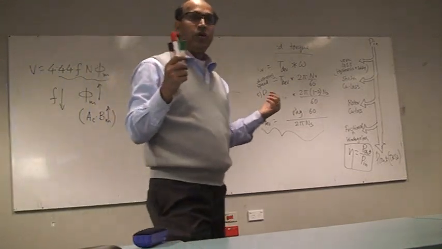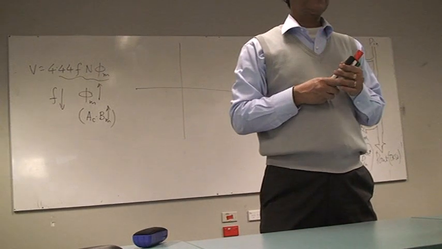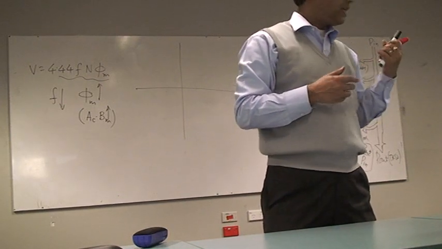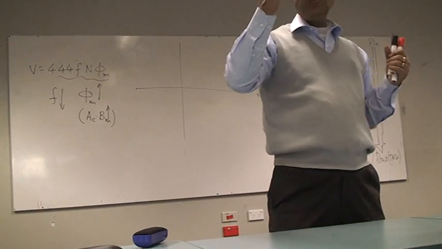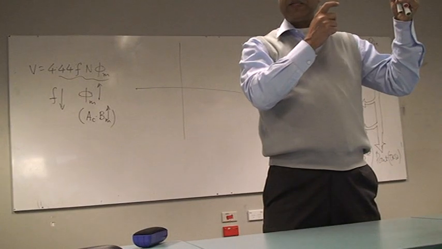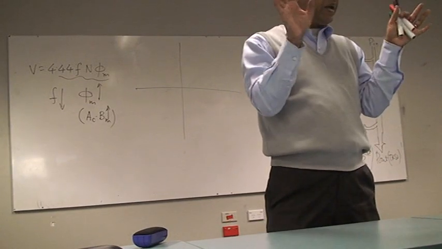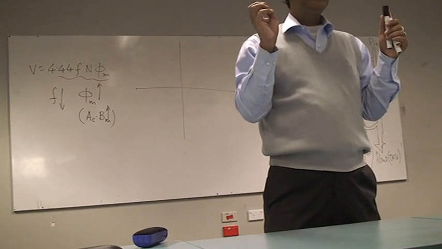What do you need to create flux? You need current. So you can create flux in two ways: one by using a permanent magnet, one by using an electromagnet. If permanent magnet is not the option, you need to create flux by electromagnet.